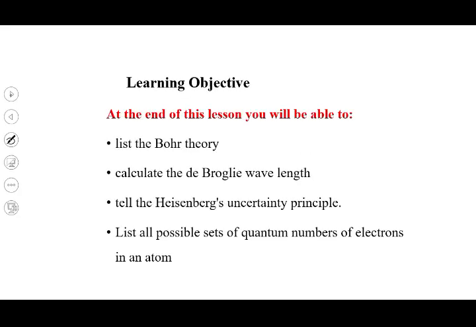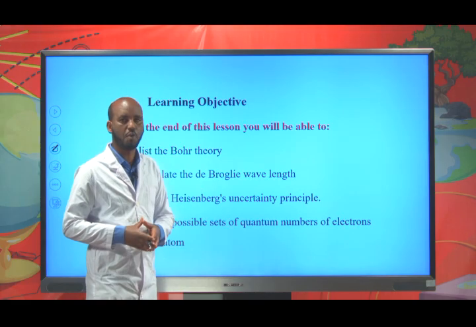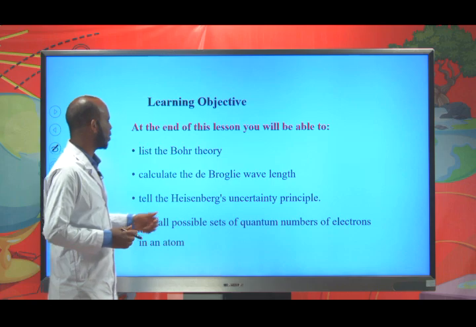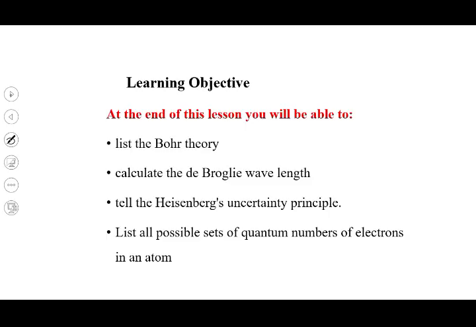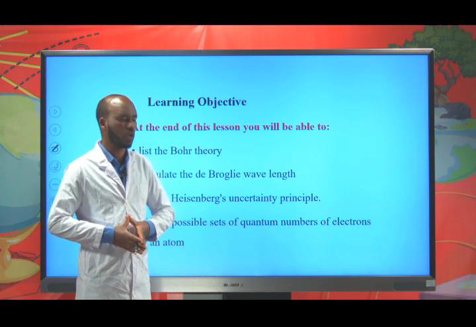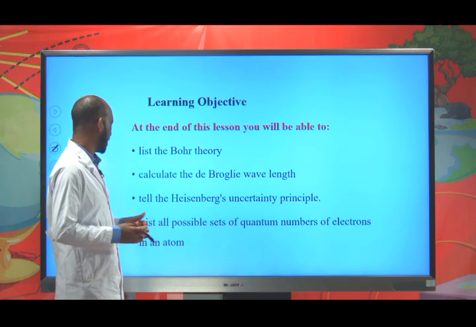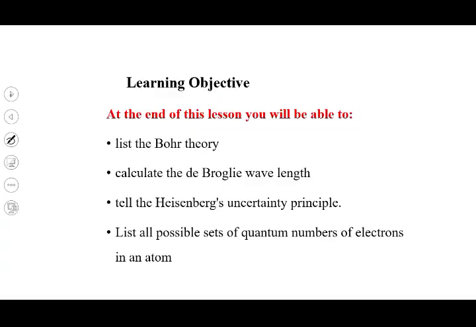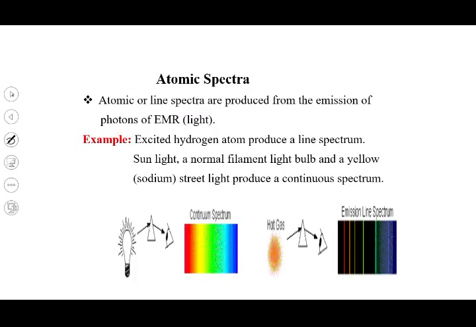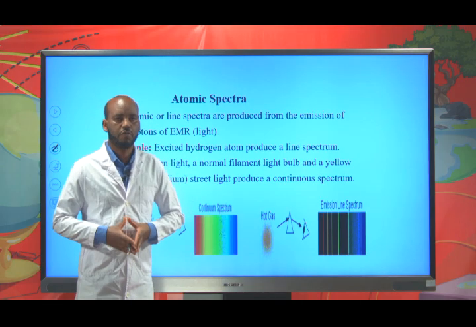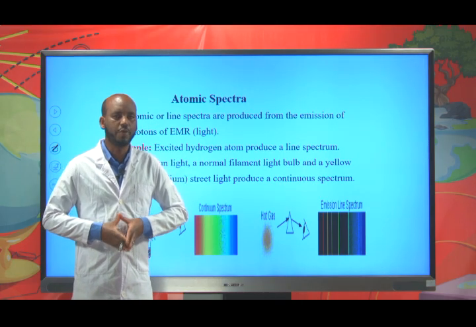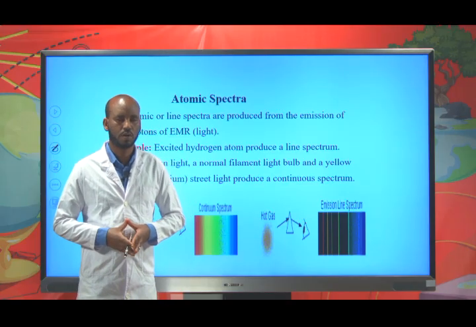At the end of this lesson, you will be able to list the Bohr theory, calculate the de Broglie wavelengths, state Heisenberg's uncertainty principle, and list all possible sets of quantum numbers of electrons in an atom. Students, if you are ready, then we will get started.